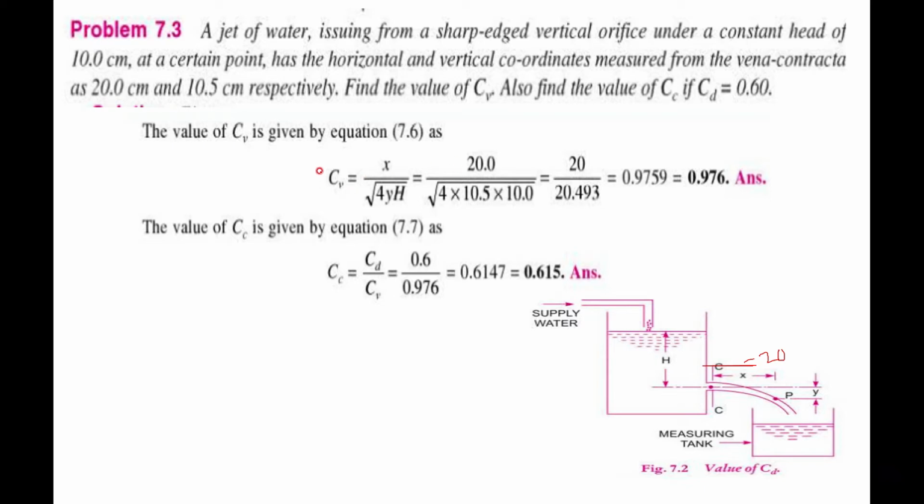So as we know, this is the equation we already derived: CV is x divided by root of 4yh. Substitute values here: x is 20, y is 10.5, and h is also given. H is how much? It's 10 meter, not 10 centimeter.